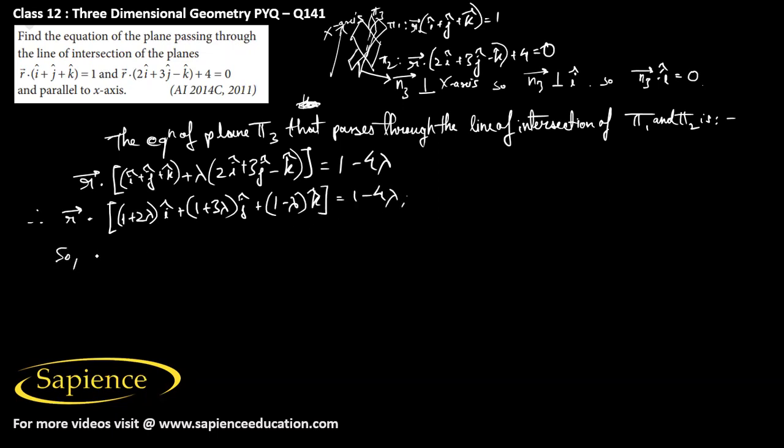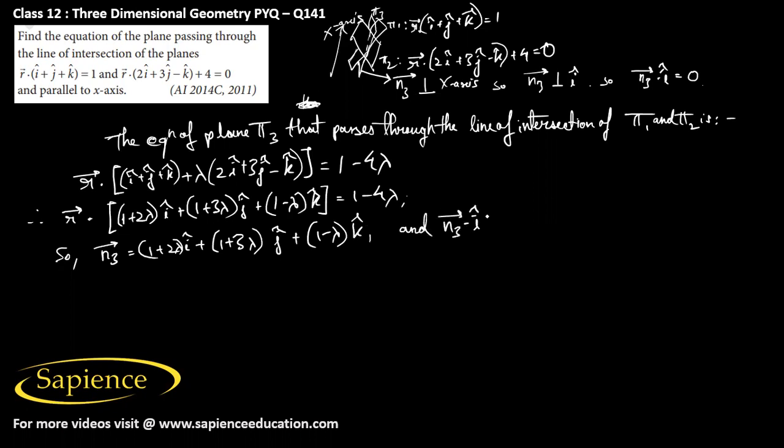So the normal vector n3 to the plane pi3 is (1 plus 2 lambda) i cap plus (1 plus 3 lambda) j cap plus (1 minus lambda) k cap. And n3 vector dot i cap should be equal to 0, since the plane pi3 is parallel to the x-axis, so its normal vector is perpendicular to the x-axis.